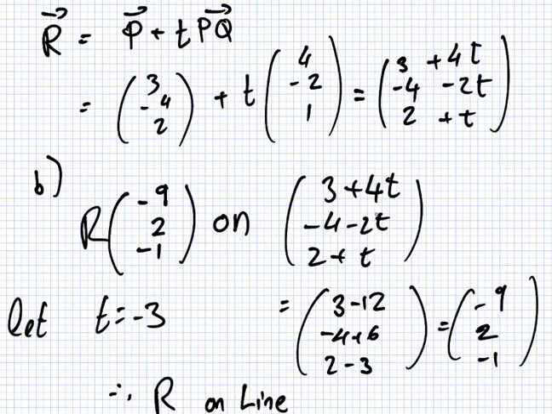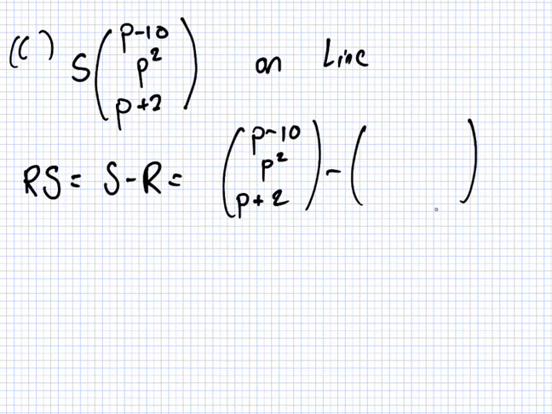Okay. I would like you to read this back to me, please. This is the line, so what is it? 3 plus 4t, minus 4 minus 2t, 2 plus t. Oh, I'm sorry. I mixed up my letters. You're right.